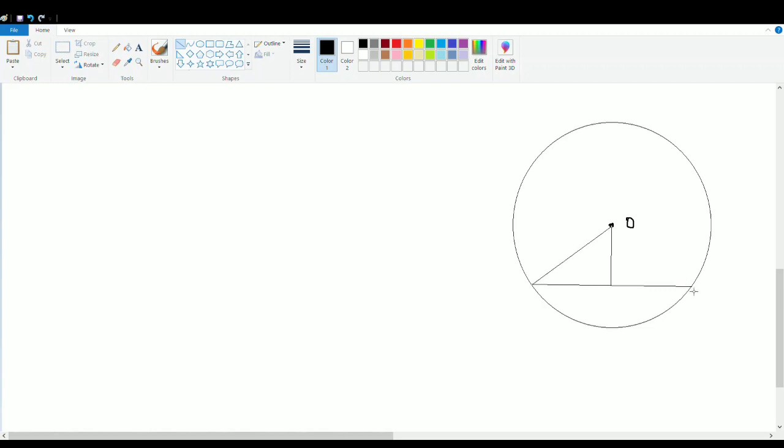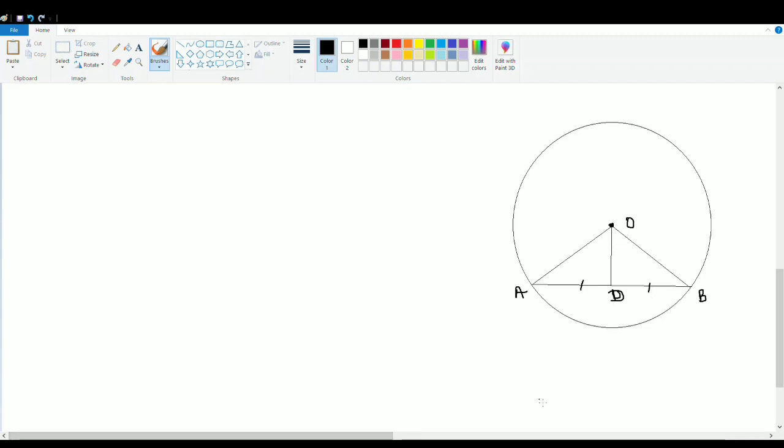So here it is given that OD is drawn on AB. We need to prove that OD is perpendicular to AB, and given that AD is equal to BD.